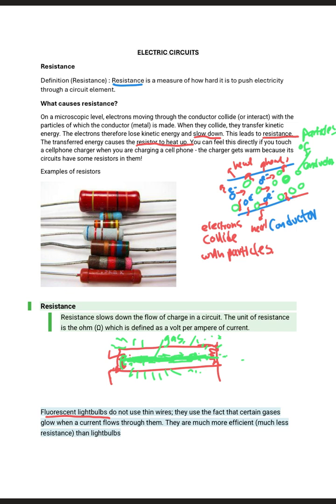So that's what happens, right? Fluorescent light bulbs are much more efficient since they have much less resistance than light bulbs.